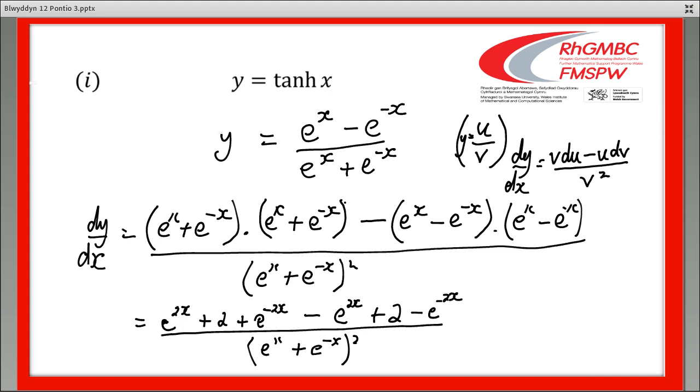So top line I can simplify because I've got e to the 2x, take away e to the 2x. I've got e to the minus 2x, take away e to the minus 2x. So when we go to the next slide, we can finish this off.